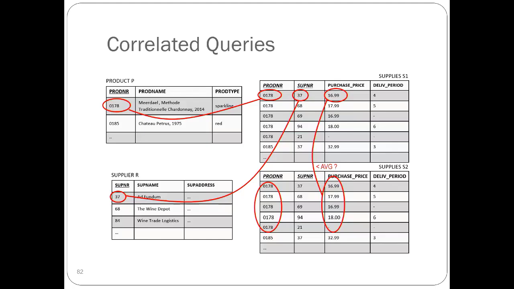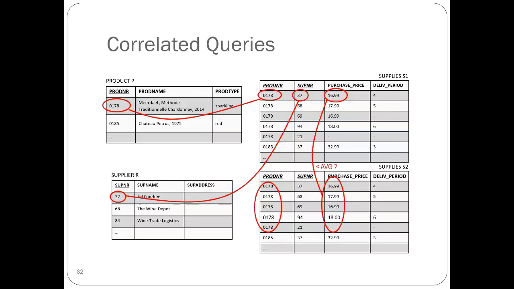Product is being called P. Supplies in outer query is called S1 and supplier is called R, right? So using product number, you join this with supplies, and the supplier number you use to join it with the supplier.